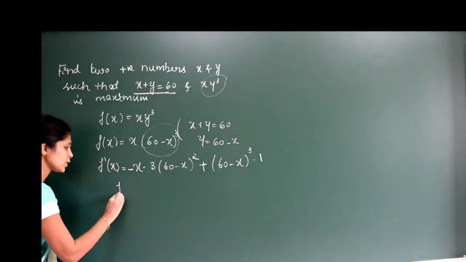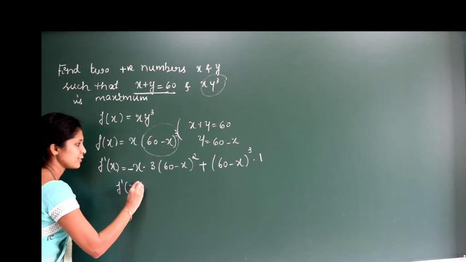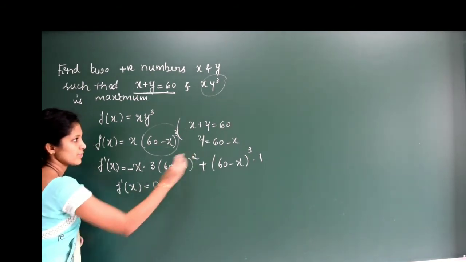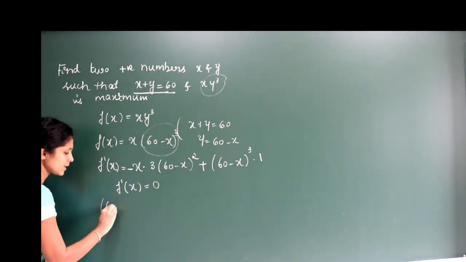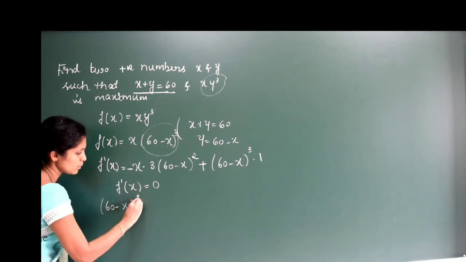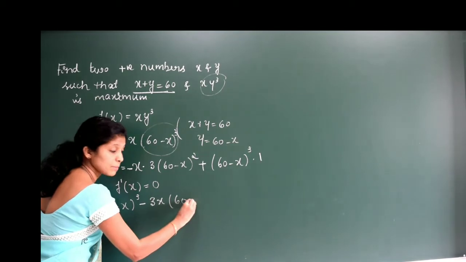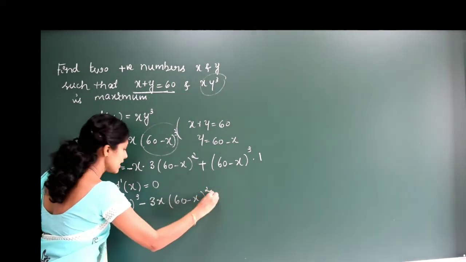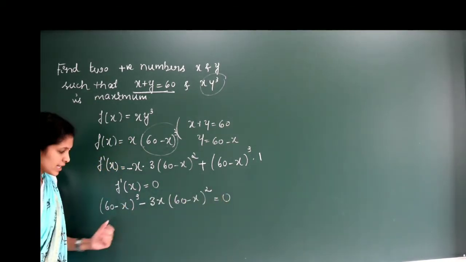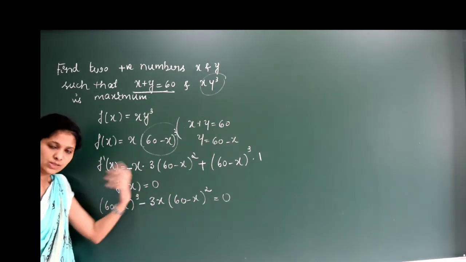Next, either you can go for the second derivative or directly equate to 0. So we will equate to 0 to find the critical point. f dash of x is equal to 0. That means 60 minus x whole cube minus 3x into 60 minus x whole square is equal to 0, right? So I can take 60 minus x whole square common.